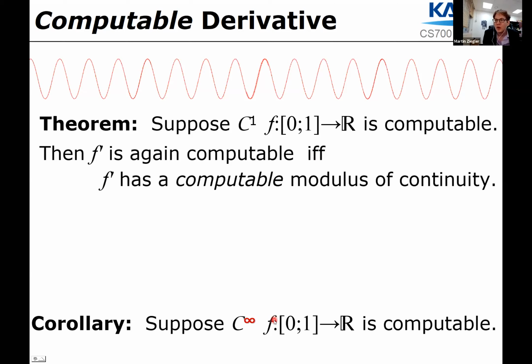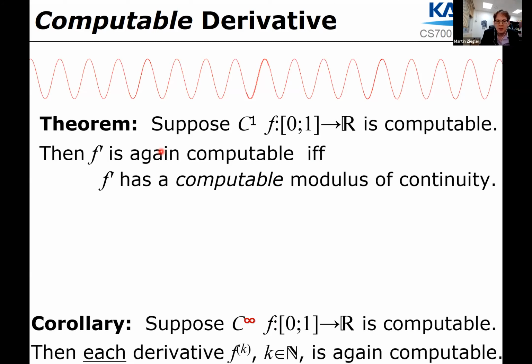Remember we talked about, for instance, the mollifier, right? That was an example of a smooth function with compact support. And the corollary of this theorem, which we'll prove in a minute, says if such a smooth function is computable on a compact interval, then actually every single one of its derivatives is again computable.